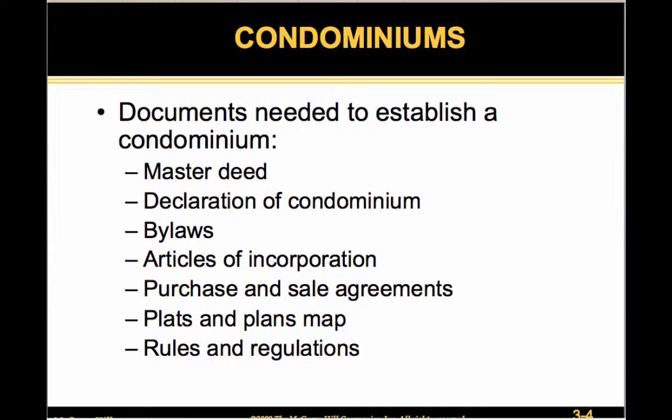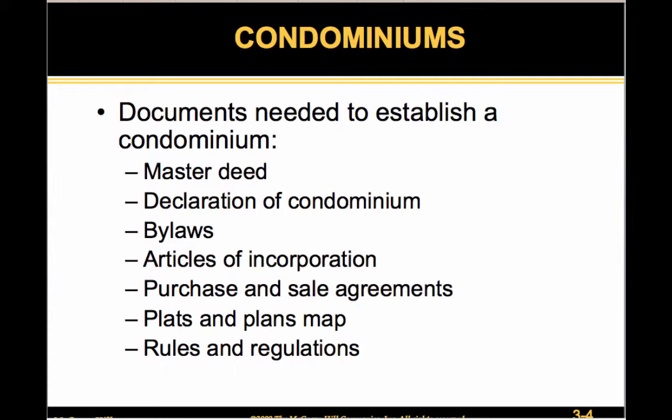Documents needed to establish a condominium are the master deed, declaration of condominium, bylaws, articles of incorporation, purchase and sale agreements, plats and plans, map, rules, and regulations. So the person or entity that develops the condominium must prepare a comprehensive set of contractual covenants, and that is known as the condominium declaration that governs the condominium ownership.